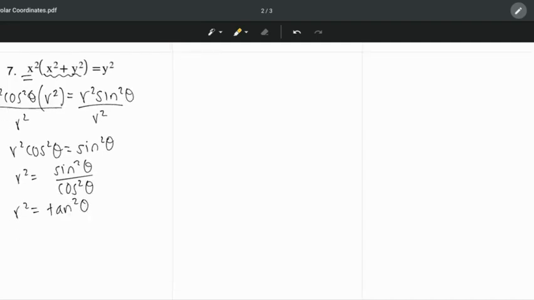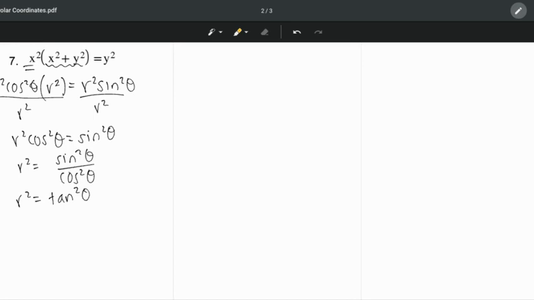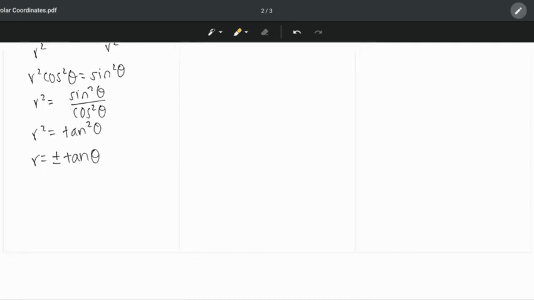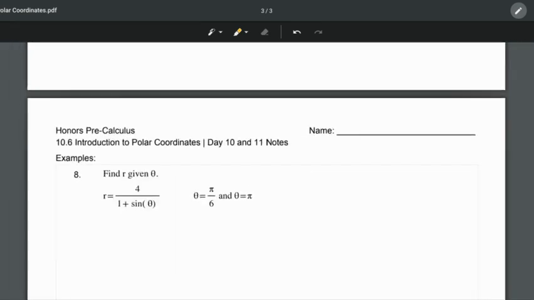And when I square root both sides, then I would get r is equal to plus or minus the tangent of theta. So that has solved this for r, and we would be able to graph that in polar form.